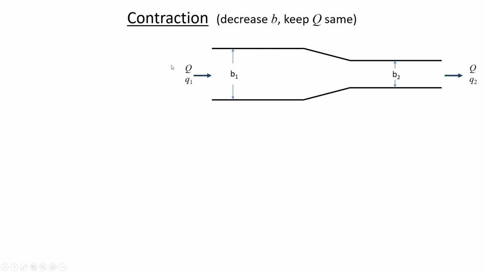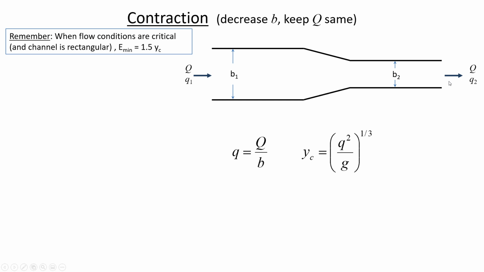So that's big Q. Little q is flow per unit width, so it's big Q divided by B. So even if water is going through a channel that contracts, the flow stays the same, but the flow per unit width is different.